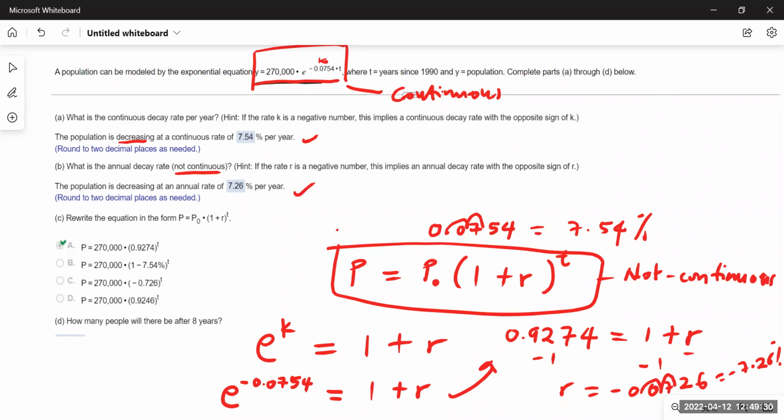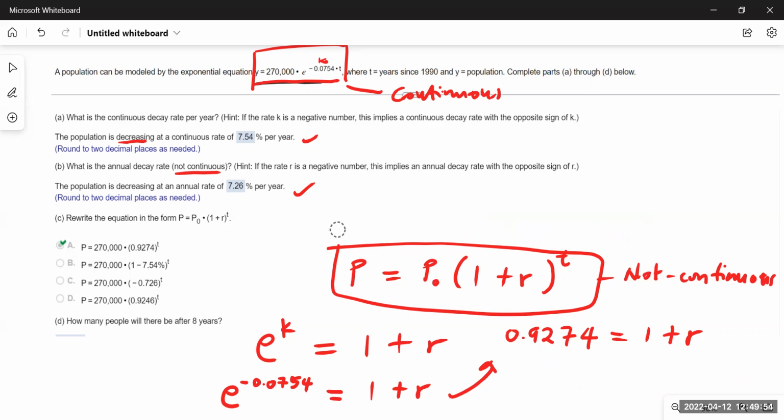Nice. Now it is taking us back. It says that we should now rewrite the equation in this form. So I'm going to leave some things out here just to create space. We're going back to use the non-continuous equation.